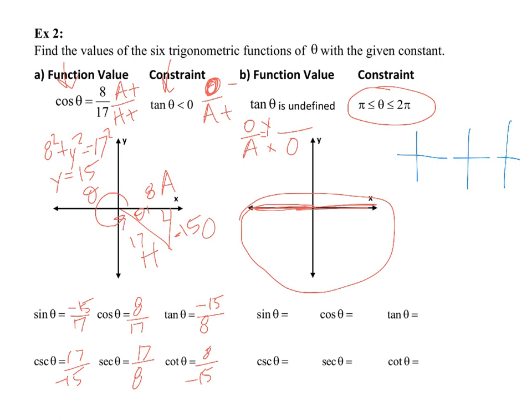If you're rotating, this is my terminal side here. What's happening to this x value? Notice as the terminal side gets closer and closer to the y-axis, that x value gets smaller and smaller, until you land on the y-axis and the x value becomes 0.